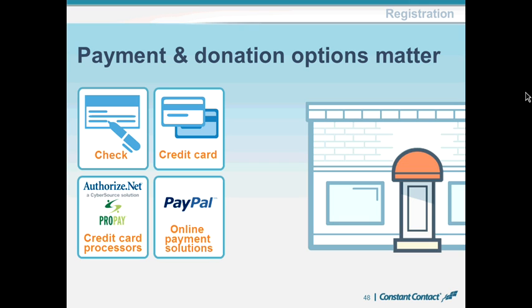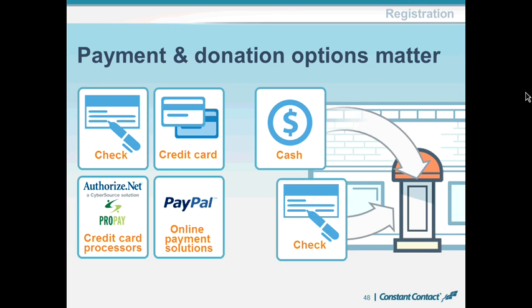And you might also find that an online payment solution like Google Checkout or PayPal might work better for you. Just keep in mind that in most cases, options like these will take your registrant out of your own registration form and into a separate website. Also, depending upon the type of event and the audience, you may want to offer the option to pay at the door.